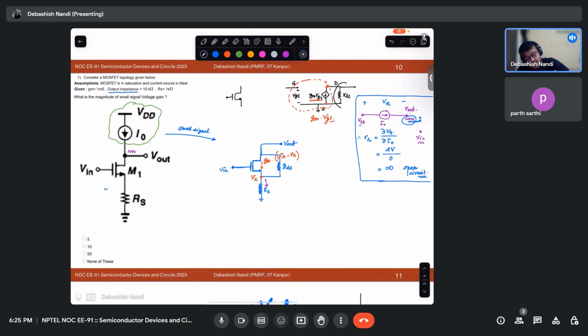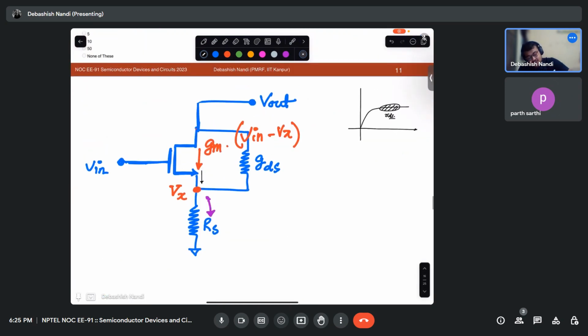This stuff you draw, right? This is between drain and source. That is your RDS. GDS is nothing but your 1 over RDS. Is that fine?